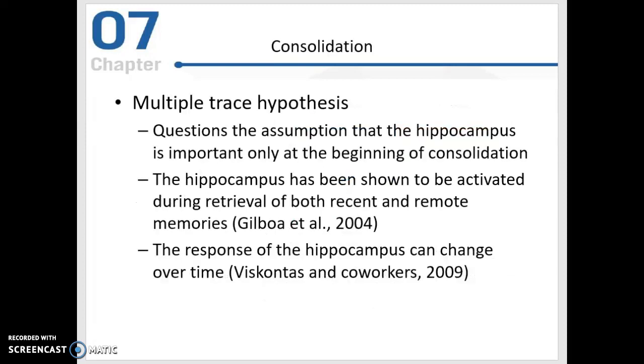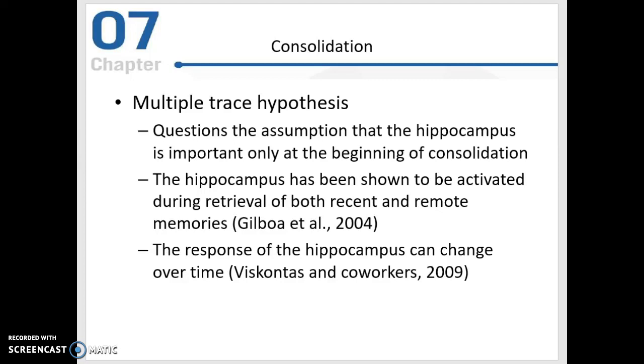And finally, the multiple trace hypothesis is one that questions that assumption. So we had originally said the hippocampus is involved at the beginning of consolidation, at that point of encoding into long-term memory.